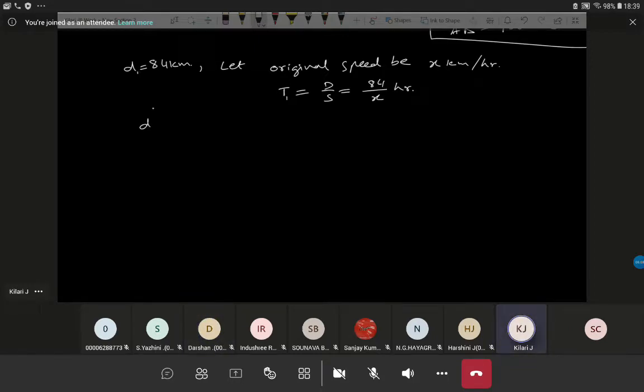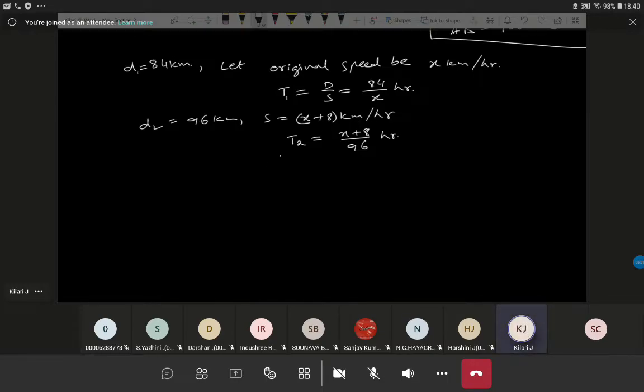The second distance is 96 kilometers, and the speed will be 8 kilometers more than its original, meaning x plus 8 kilometers per hour. Then the time will be 96 upon x plus 8 hours. So the total time taken is 3 hours.